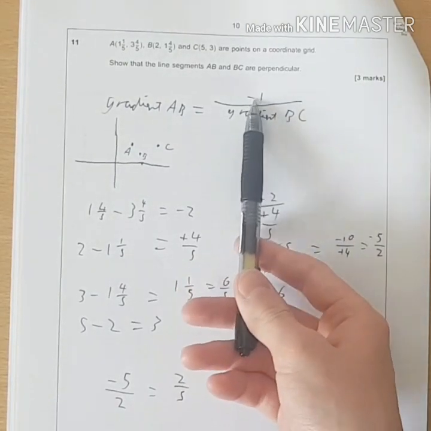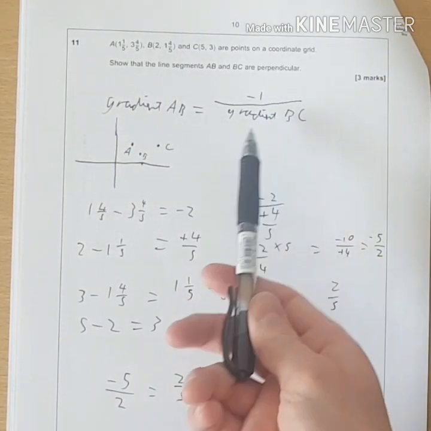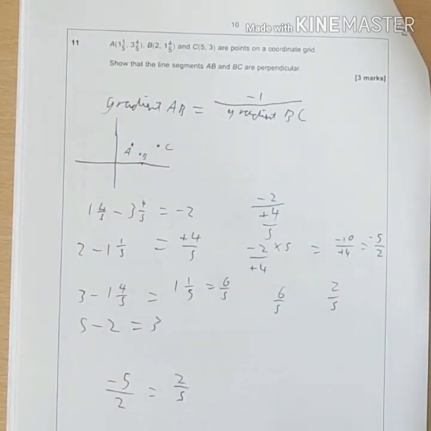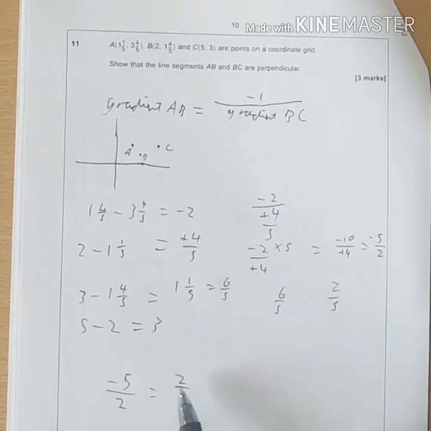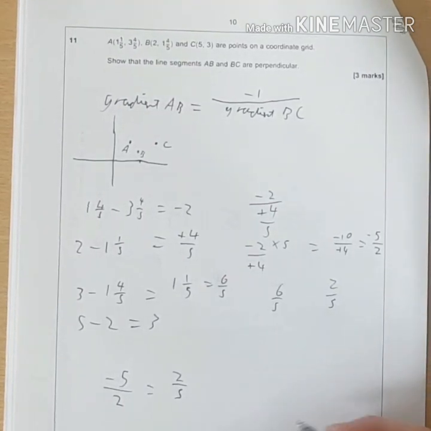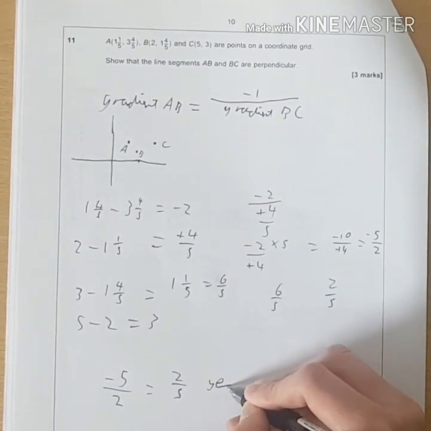This is also called the negative reciprocal, and to find the negative reciprocal, we change the sign, making it either negative or positive, and we flip the fraction. So we can clearly see here that this fraction is the negative version of this one, and it is also flipped around. So yes, these lines are perpendicular.